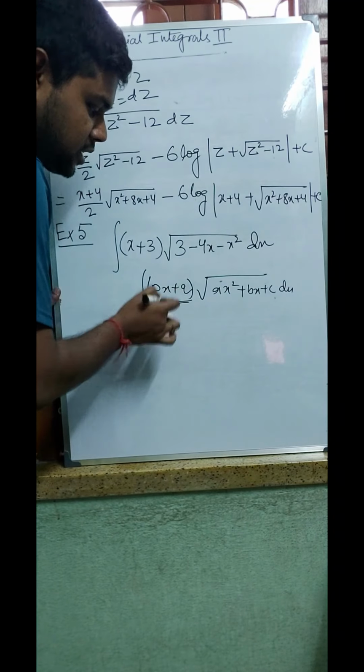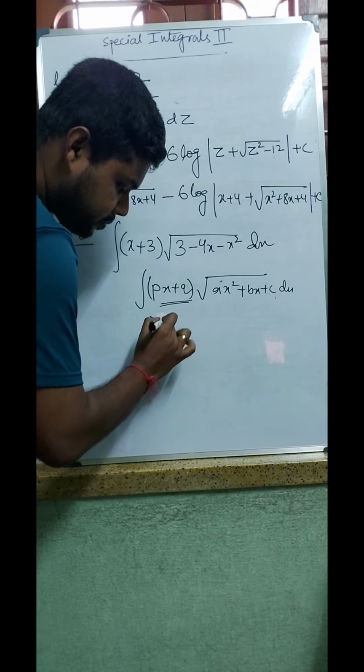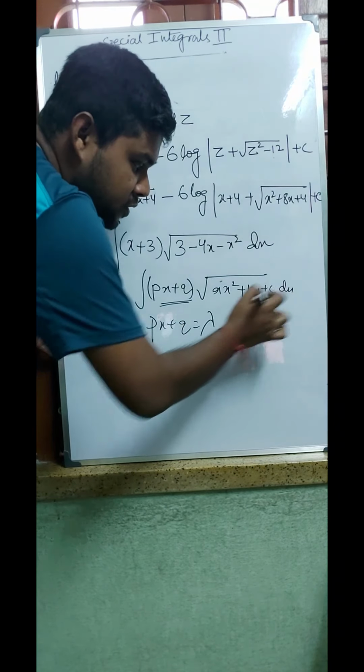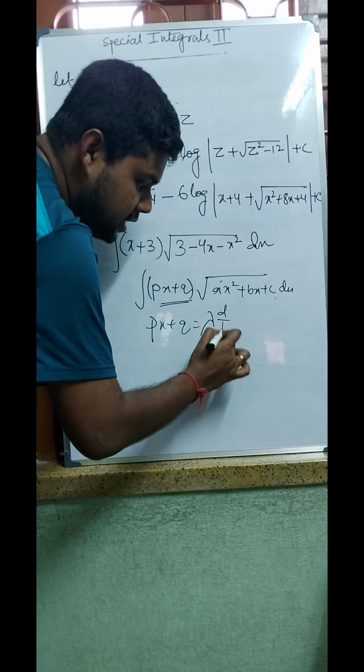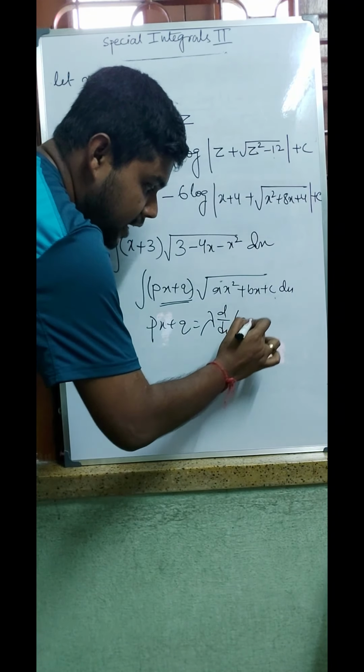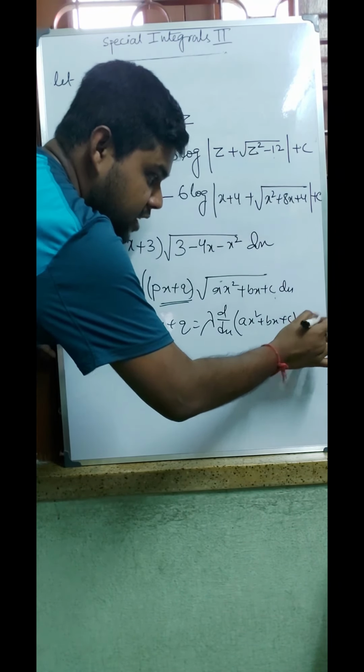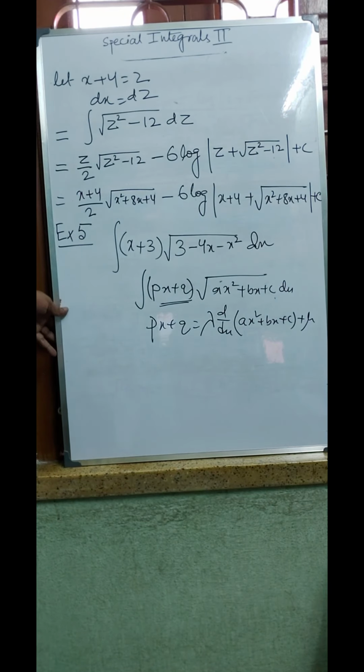Now here this px plus q has to be written in the form some lambda times derivative of this, that is lambda times d/dx of ax square plus bx plus c plus some constant mu. I have to write it in this form.